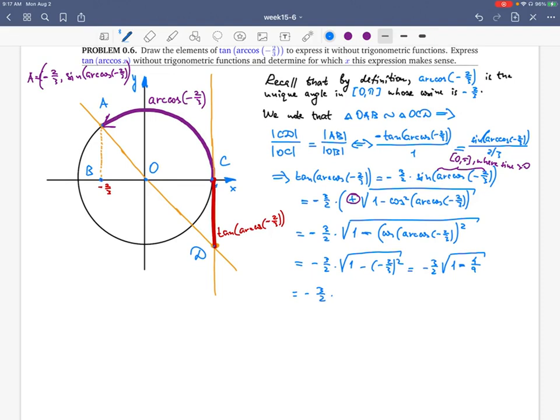So that's 9 over 9 minus 4 over 9, that's 5 over 9. And that is root 5, negative root 5 over 2.